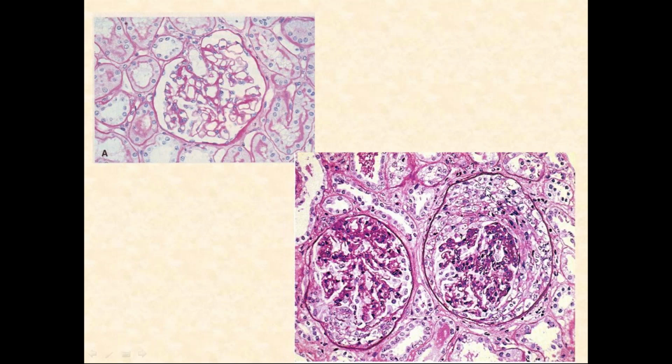In the Bowman space, what you can see here is the crescent formation, and these crescents here you can also appreciate. The crescents usually have monocytes or macrophages and parietal cell proliferation, which you can see here. So this is the glomeruli, and within the Bowman space you can see the proliferation of the cells, that is monocytes, macrophages, and parietal cells.